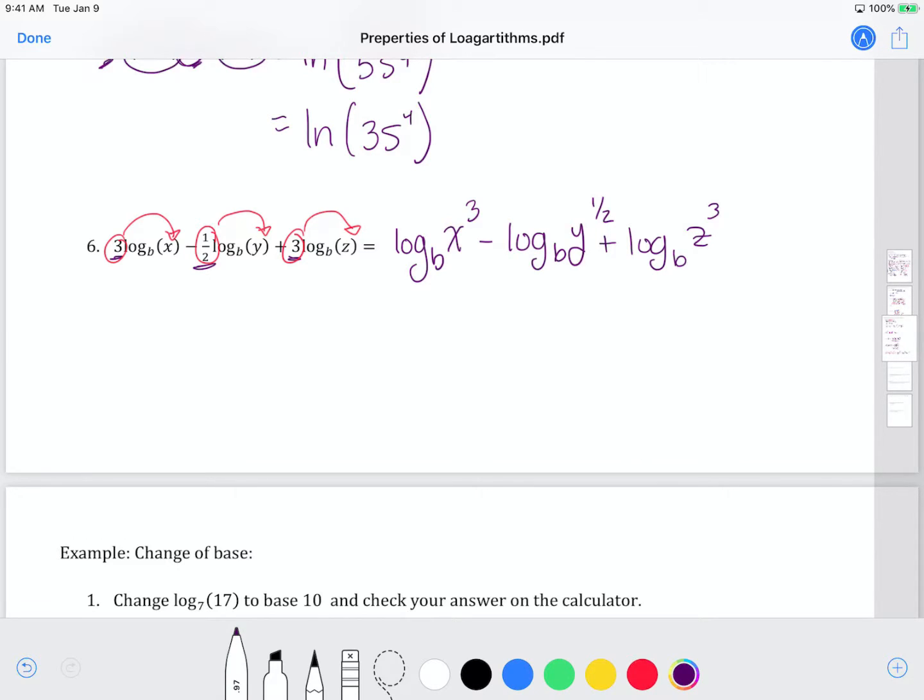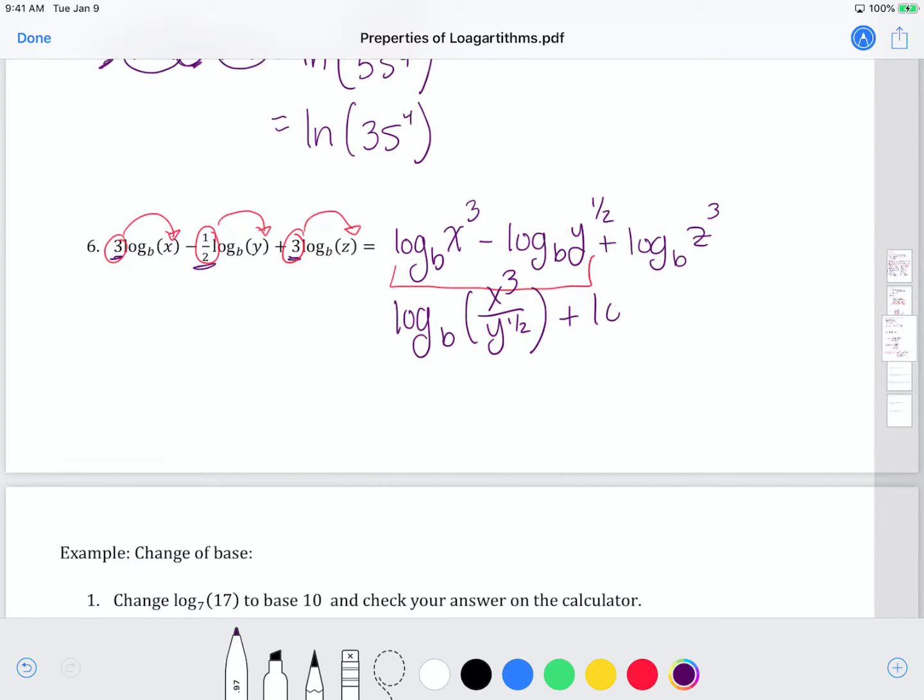Okay, so I brought up all my coefficients as exponents. Then I'm going to use my quotient and my product rule to combine my multiple logs. So let's look at this one first. I'm going to work left to right. This would be a subtraction, so I'm going to change this to a quotient. My bases are the same, they're both b, so I can combine them together into one. So I have log base b of x to the 3rd over y to the 1/2.